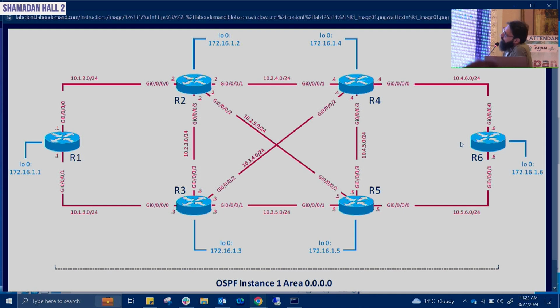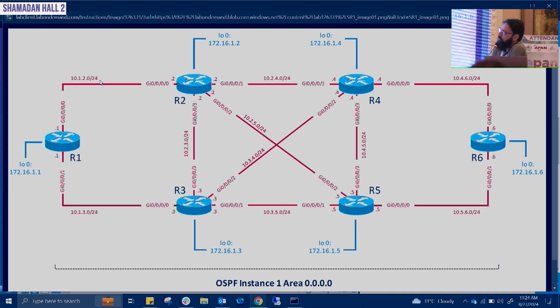If you look at the blue shaded comments, we can see that the loopbacks are being configured with the IP scheme of 172.16. If you go to the link between router 1 and router 2, you can see that the IP scheme is 10.1.2.0. That means the second octet is the first router, router 1, and the third octet is the second router.